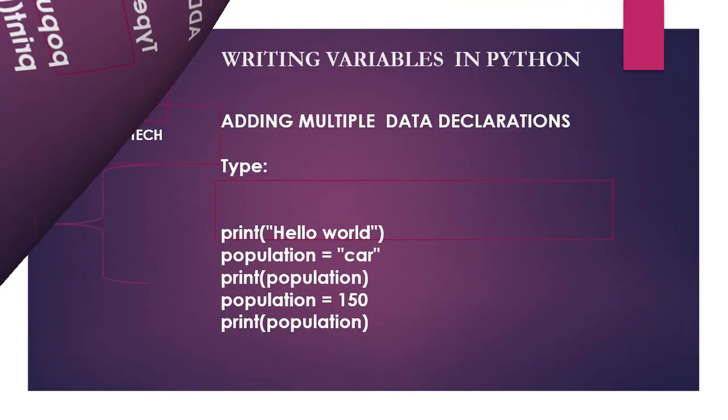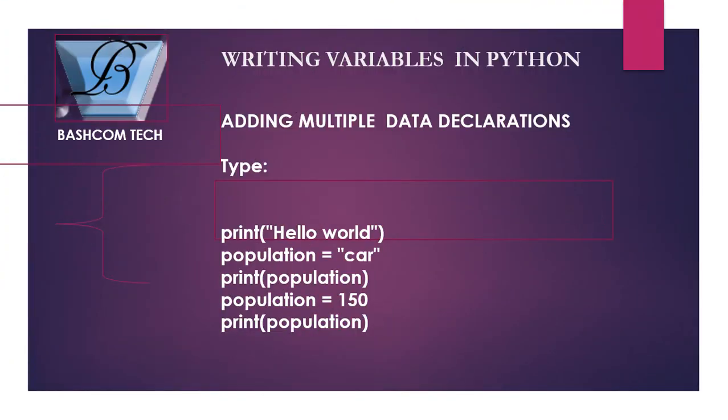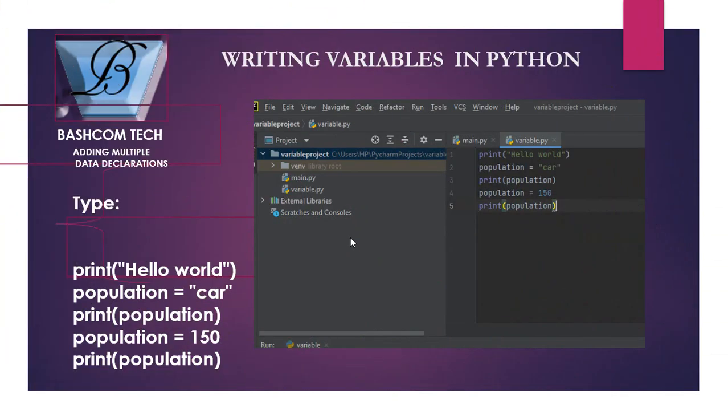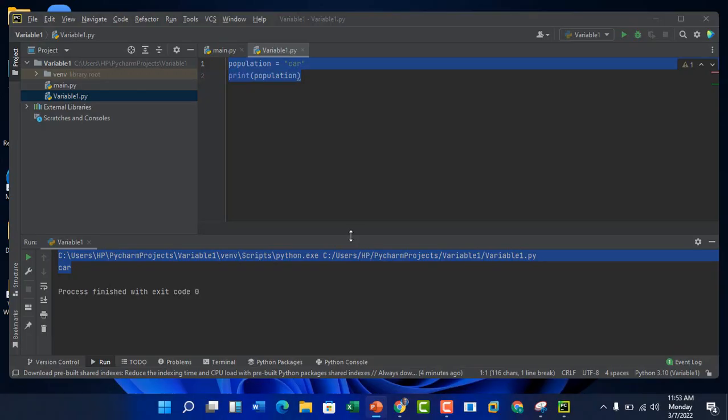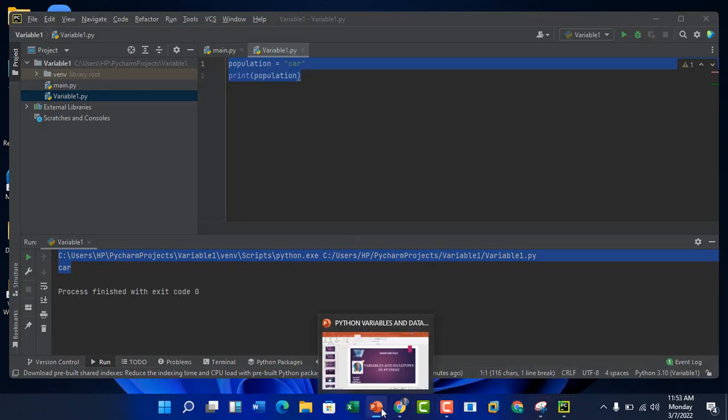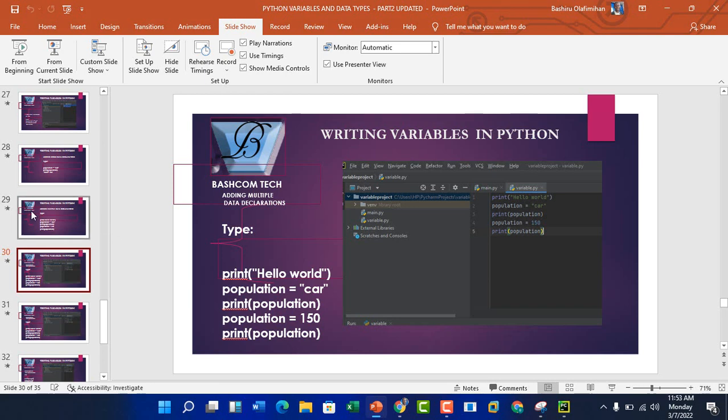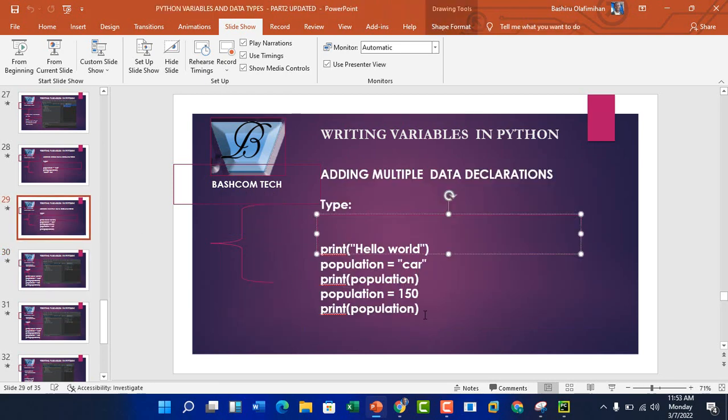Variable declaration can be used to store any form of data. Let's say we now want to add multiple data declarations. For example, we want to write a print statement that has multiple declarations. To make it easy, I think I'll just type this.